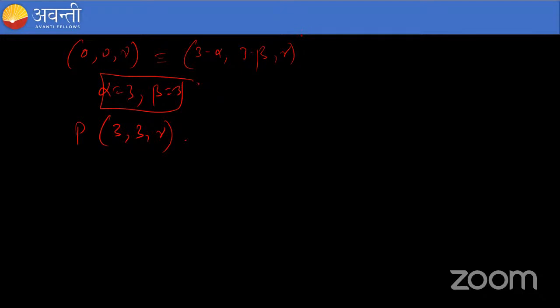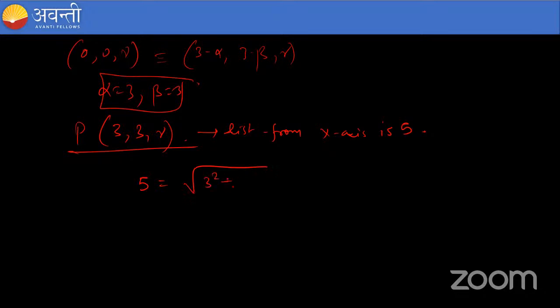So given the distance of P from the x-axis is 5, 5 will be equal to under root of 3 square plus gamma square, right? So 25 minus 9 will be equal to gamma square. Gamma value will be plus minus 4.